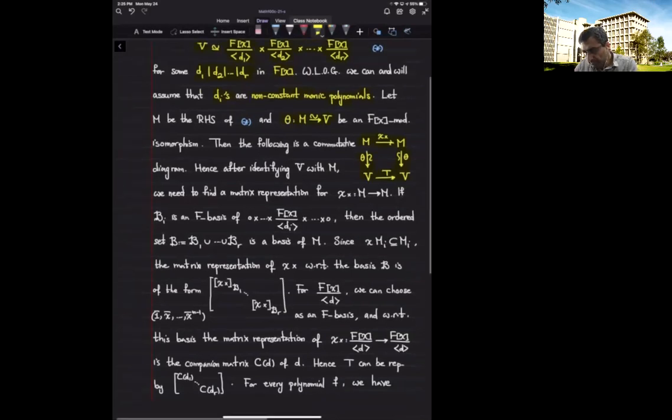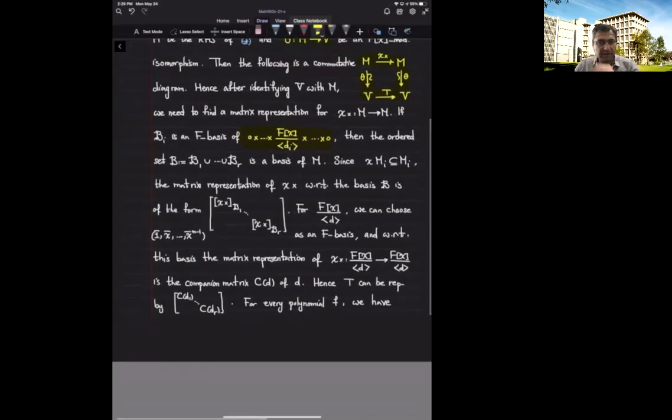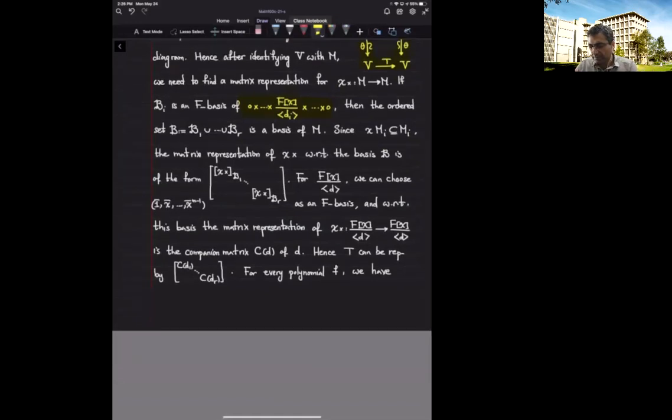So instead of finding a matrix representation for T, we are going to find a matrix representation for multiplication by x. Multiplication by x preserves these factors, and these factors generate M, and they are linearly independent. So if I find a nice basis for these factors, I can put them together, get a basis for the entire M, and then in that basis, multiplication by x looks like these diagonal block forms.